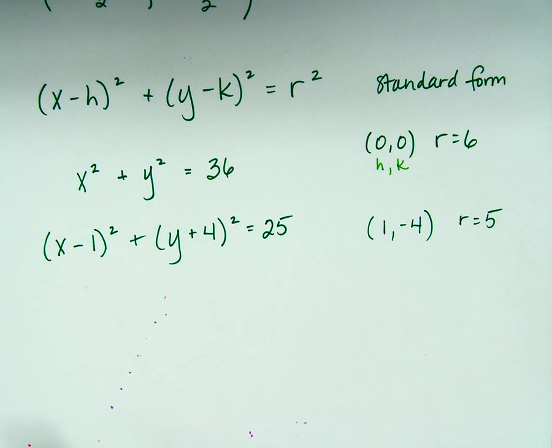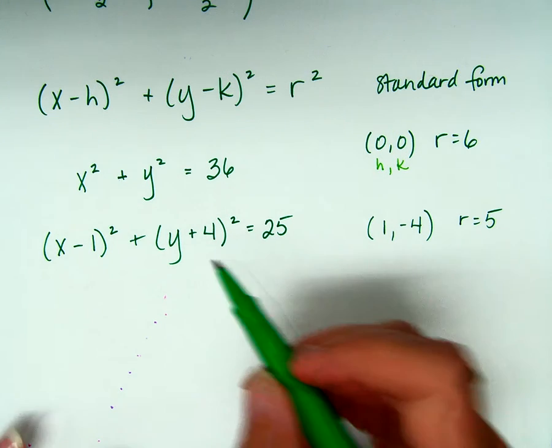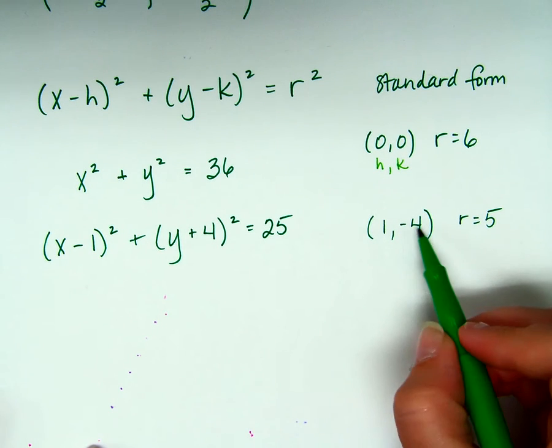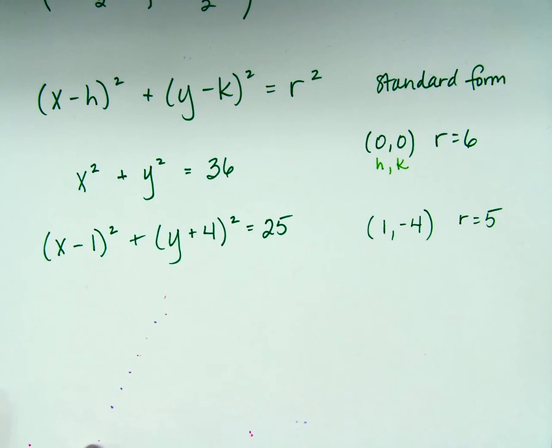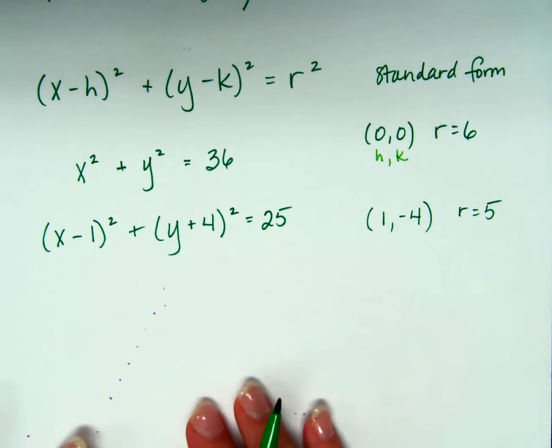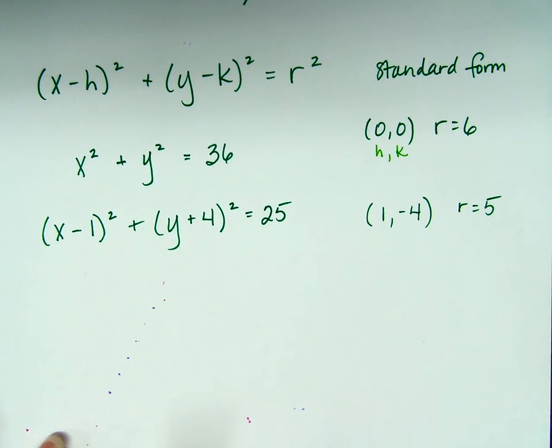I don't even really know how to make it harder unless I give you just bigger numbers. The quote-unquote hardest part about this is remembering that if it's minus 4, y minus a negative 4 is going to be y plus 4. But honestly, the only way I can make this harder is by giving you bigger numbers.